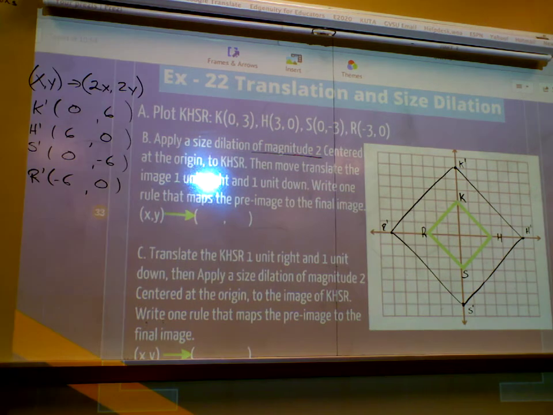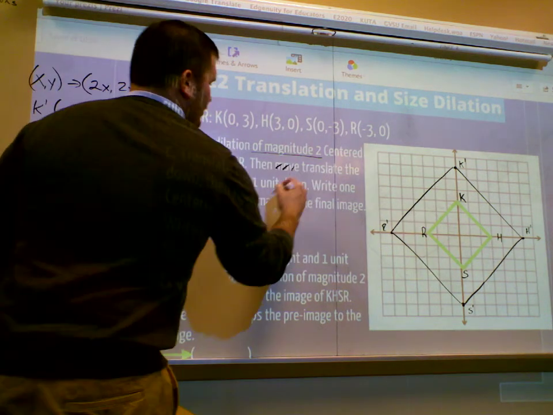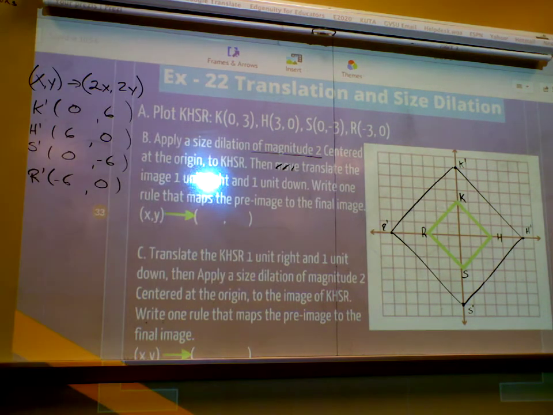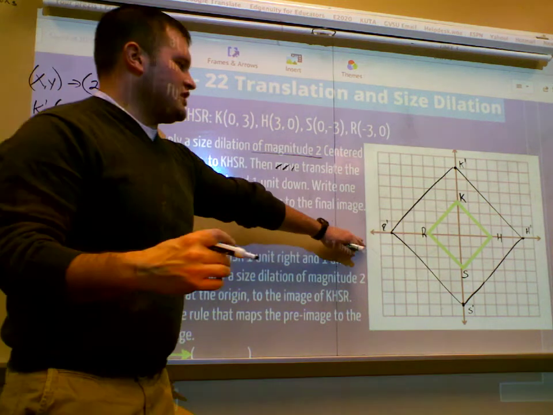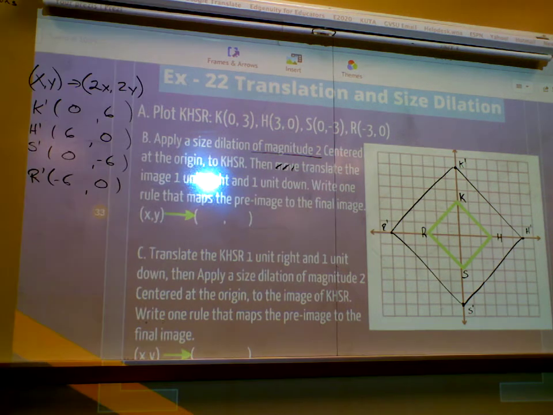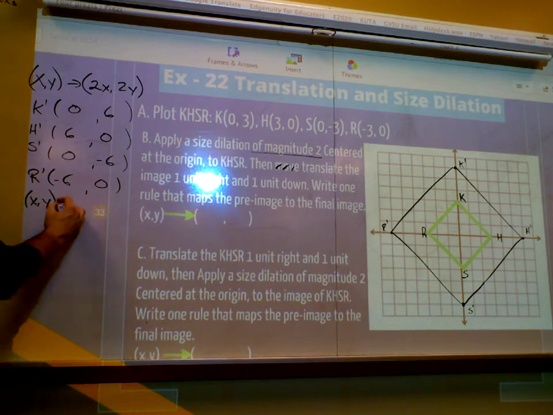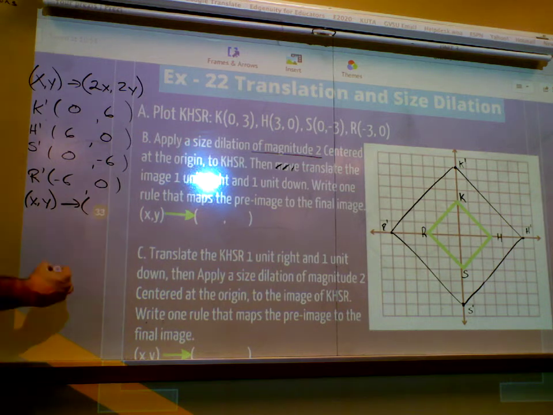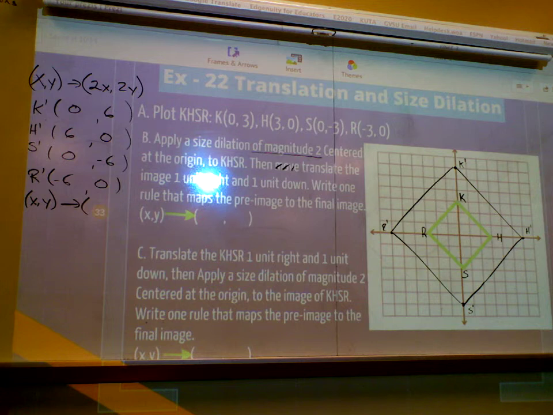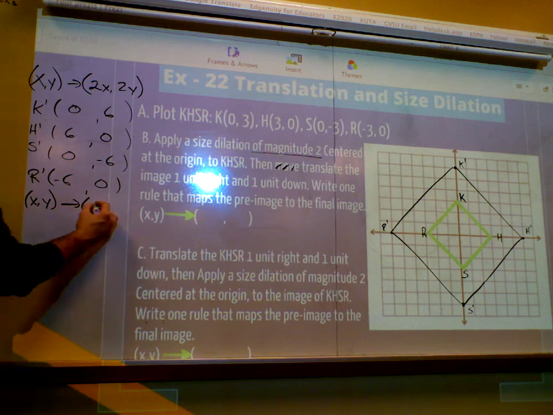It then said, then translate the image. So translate K prime, H prime, S prime, R prime. Translate the image 1 unit right and 1 unit down. So what does that rule look like? x, y becomes, I want to go 1 unit right and 1 unit down. So 1 unit right, what do I do? Change x or y? x. How do I move to the right? Add or subtract from x?